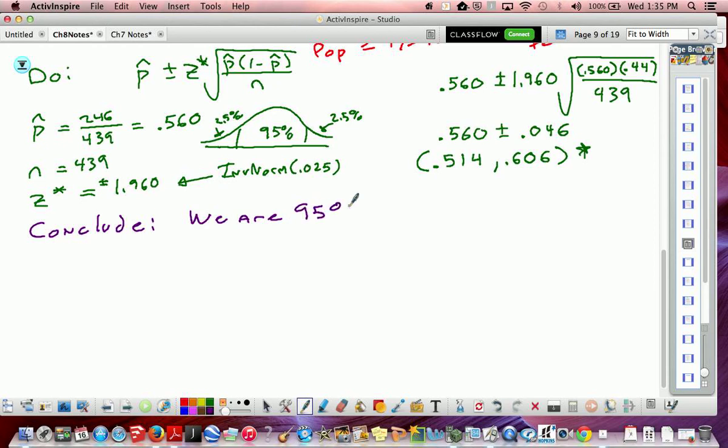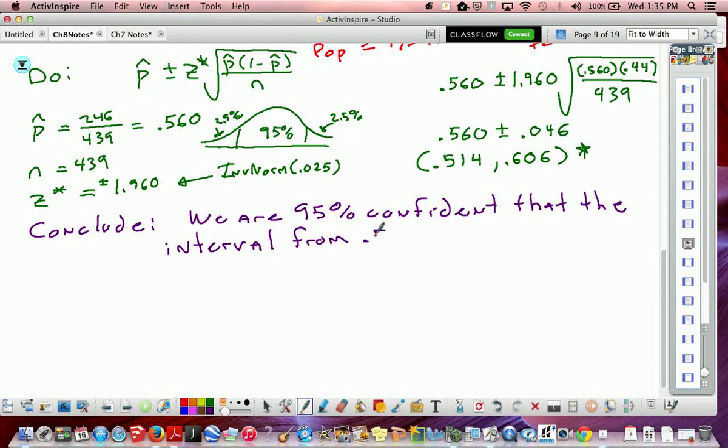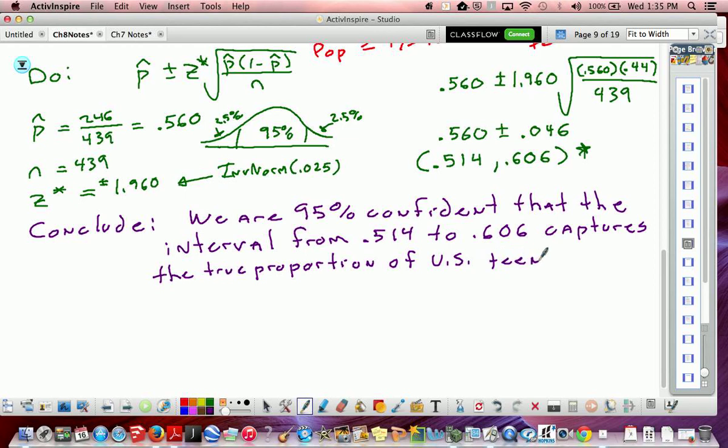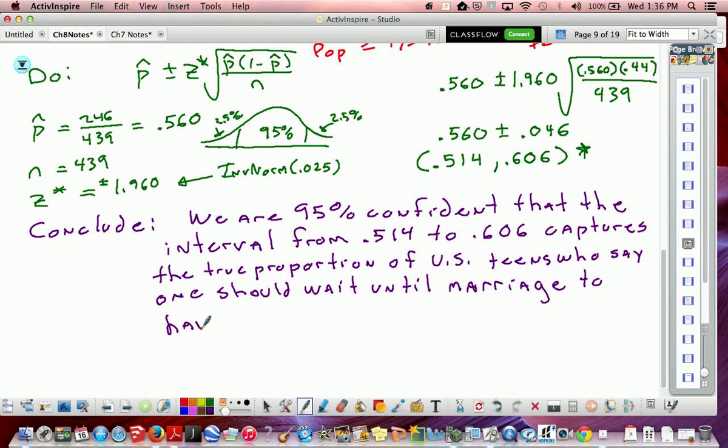Well, we are 95% confident that the interval from 0.514 to 0.606 captures the true proportion of U.S. teens who say one should wait until marriage to have sex.